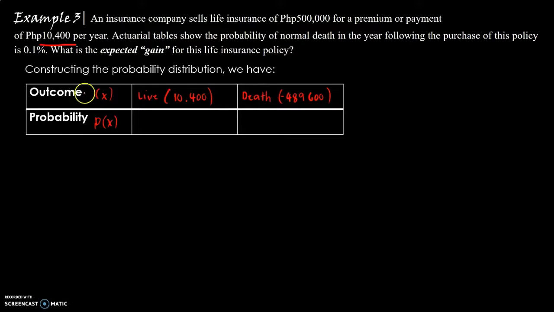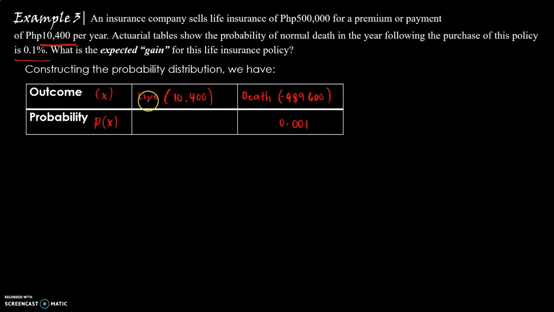Okay? So now that we have identified the outcomes for this problem, then let's go to the probability of each outcome. Now, based on the problem, the probability of normal death in the year following the purchase of this policy is 0.1%. Okay? And 0.1% in decimal is 0.001. So the probability that the customer will die in natural death at the end of the year is 0.001.